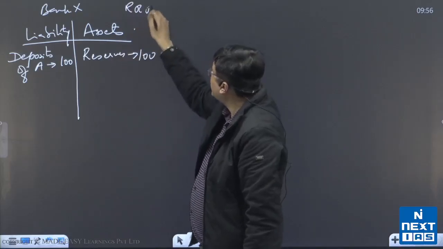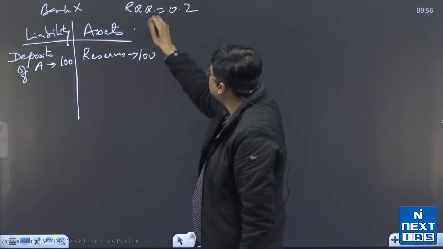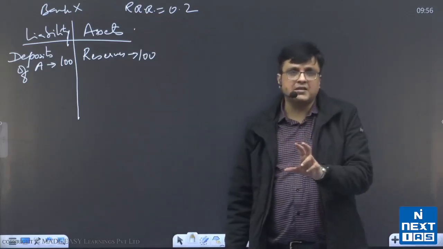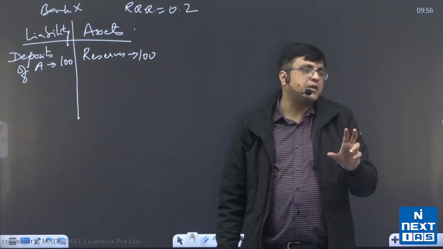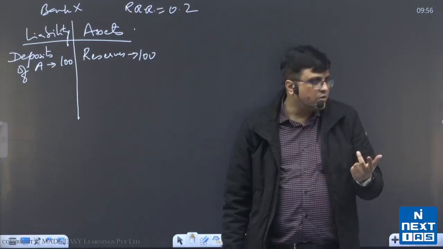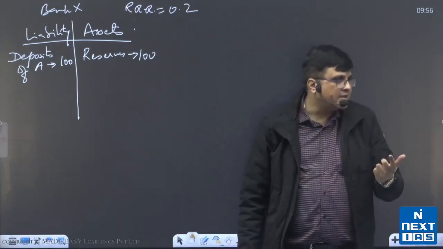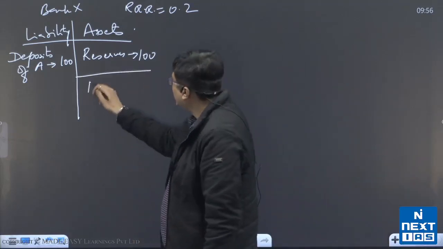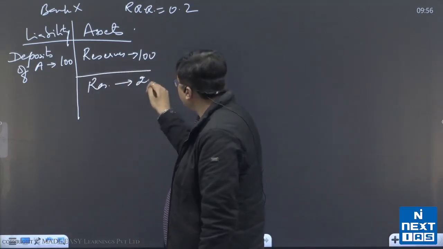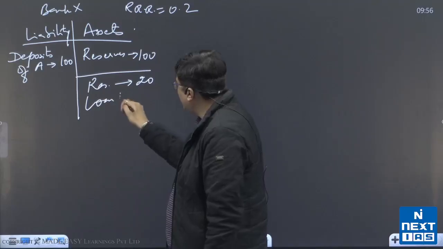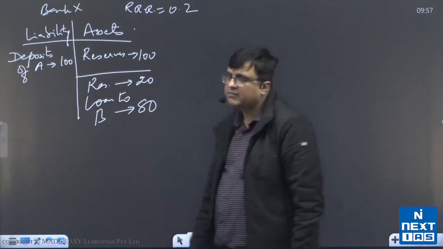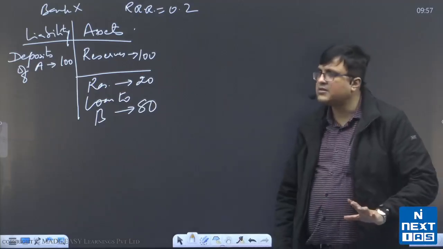We have assumed required reserve ratio as 0.2. So now the bank will realize that I don't have to keep a reserve of 100 to maintain a deposit of 100. According to RBI's rule, the bank can maintain a reserve of 20 and give a loan to another person B worth 80. I hope it's clear to us.